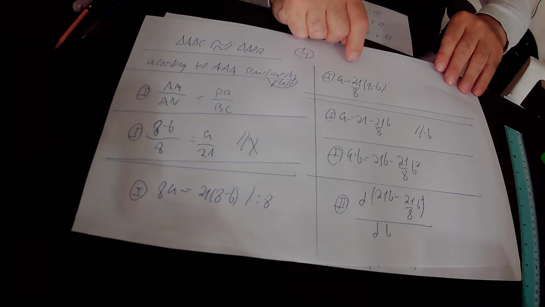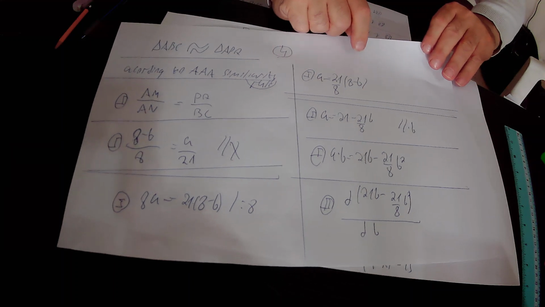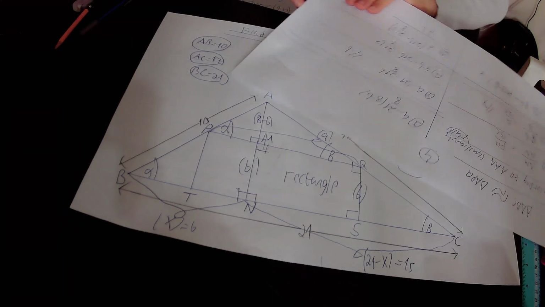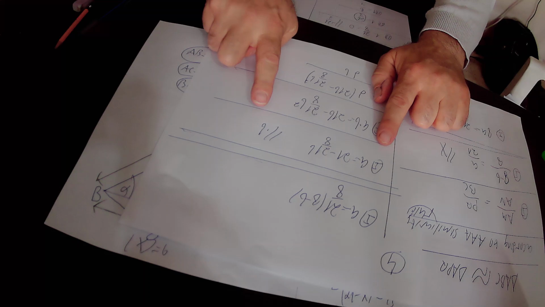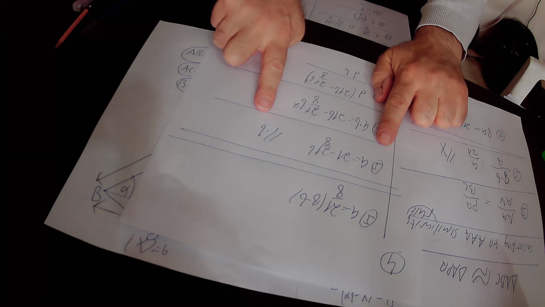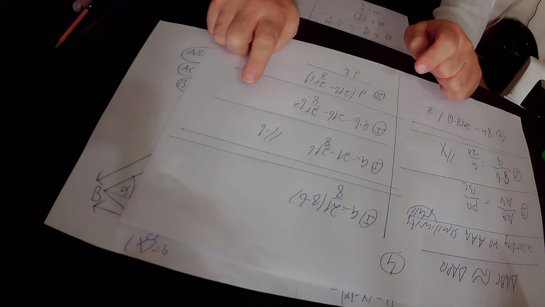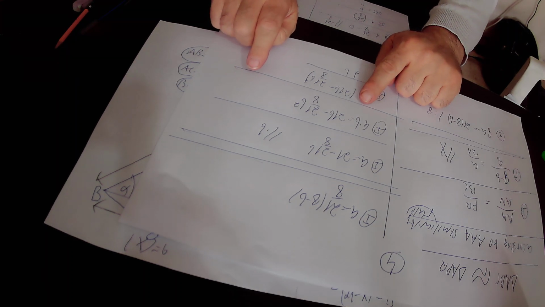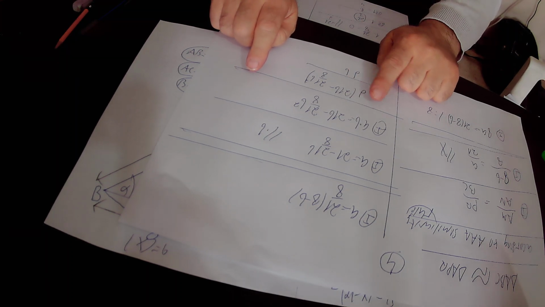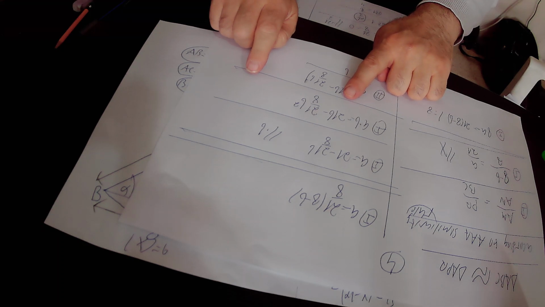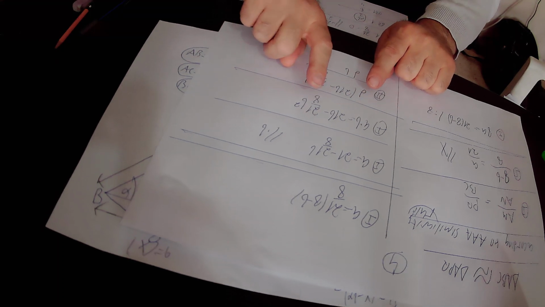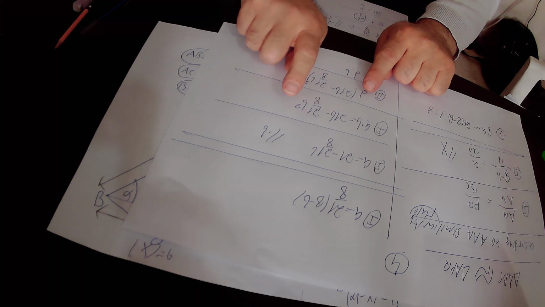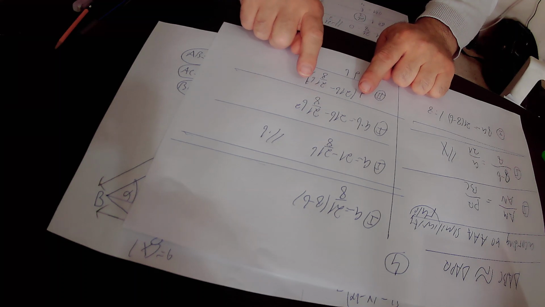Okay, so here we multiplied this equation by b, and found that a times b equals 21b, and minus 21 over 8 times b is minus 21b squared over 8.